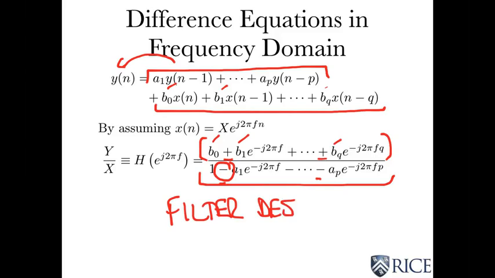So what you want is a way of choosing these filter coefficients a and b in such a way that you get the kind of filter you want. There are software packages that do this. It's not nearly as hard as it might be in the analog world if you're stuck with circuits.